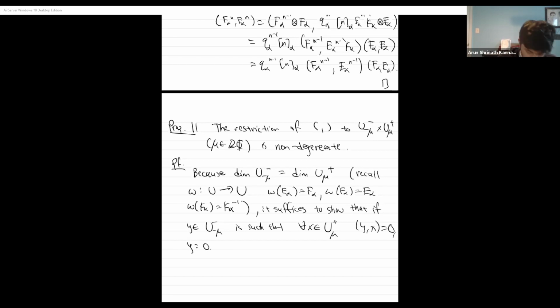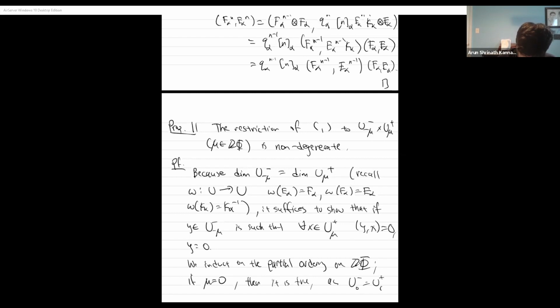Okay, so the way we're going to do this is we induct on the partial ordering on the root lattice. Right off the bat, if mu is equal to 0, then it's true, as u minus 0 equals u plus 0 is equal to your ground field, and 1 comma 1 is equal to 1. So this handles the base case.